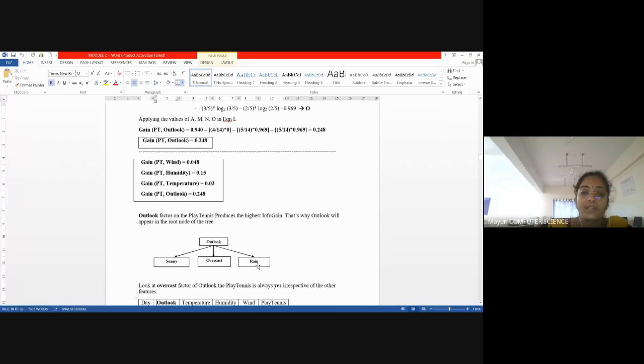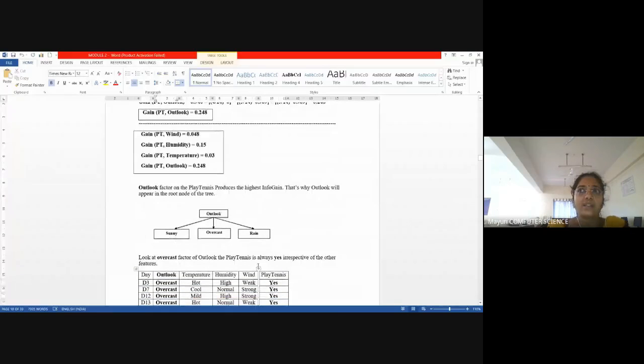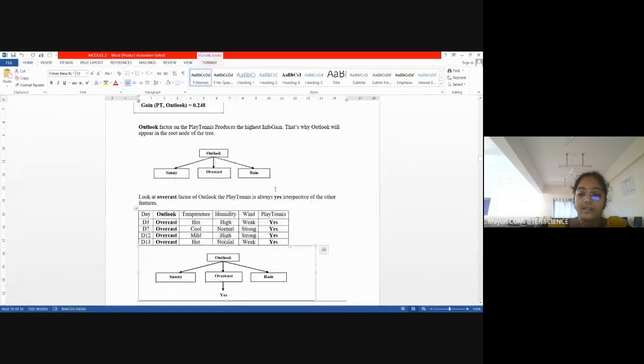Rain is also not fully classified. I think they are depending on some other attribute to fix their classification value, either yes or no. But overcast is very clear. It is going to reach the yes. If the outlook is overcast, definitely he is going to enjoy his play tennis. That is what, yes, I can easily write it here.